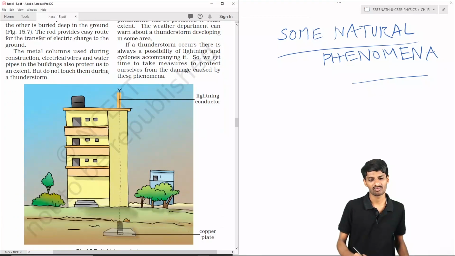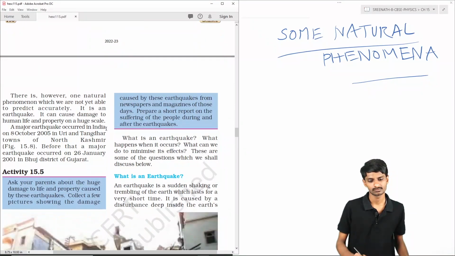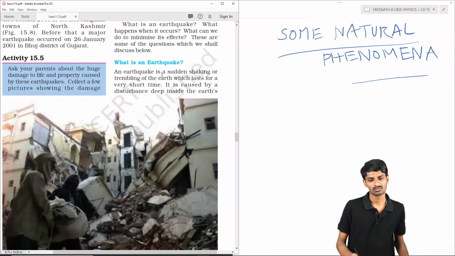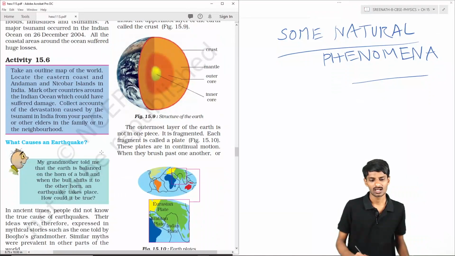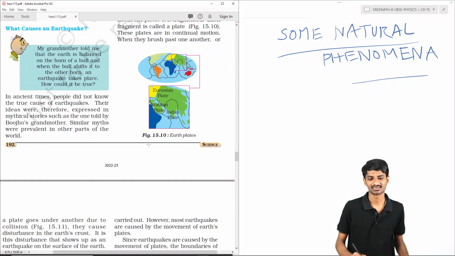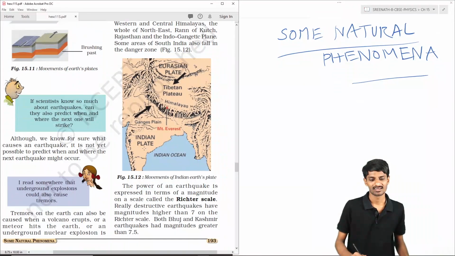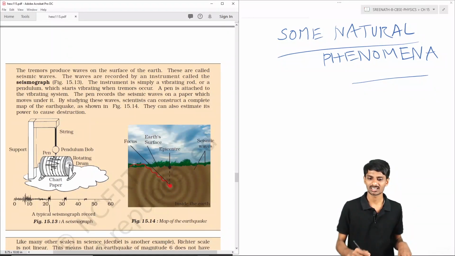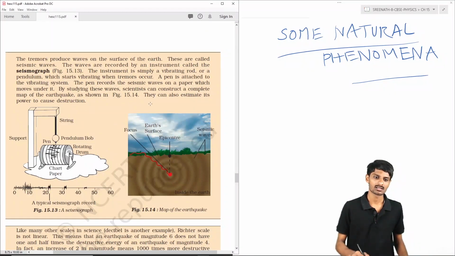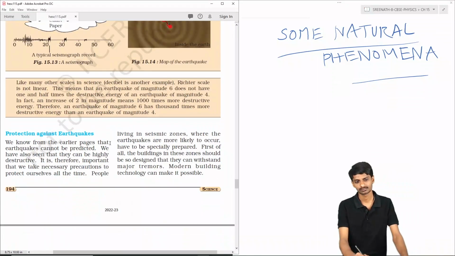The next thing is earthquakes. What is meant by an earthquake? What causes an earthquake? And how is an earthquake's impact measured, with the seismograph and the Richter scale?